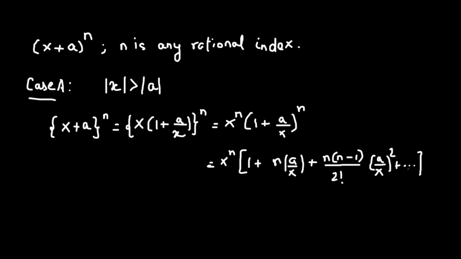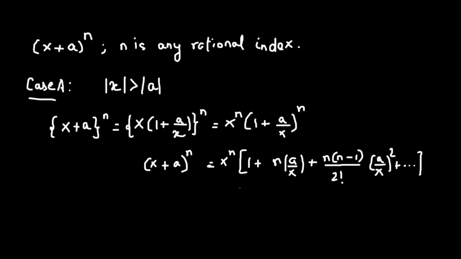We can multiply x raised to the power n at a later stage. For the time being, we're going to keep it the way it is. So the expansion of x plus a raised to the power of any index is given by this particular form.